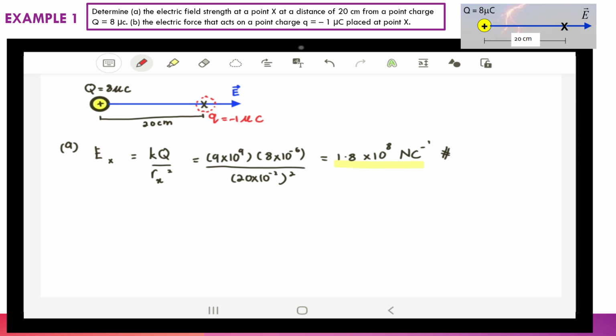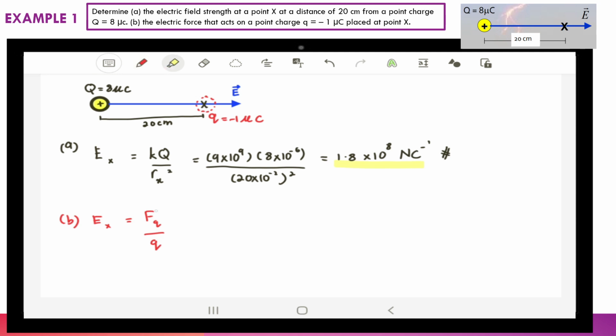For question B, as we know, the equation of the electric field strength at point X, where the position of q, is equal to F, the electrostatic force on the small q, over the magnitude of the charge small q.